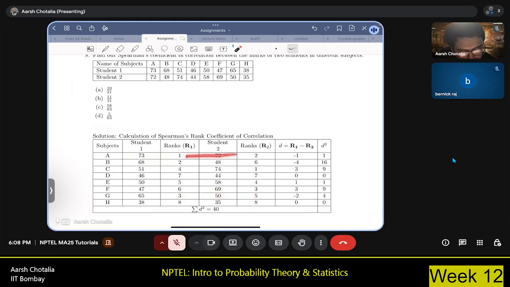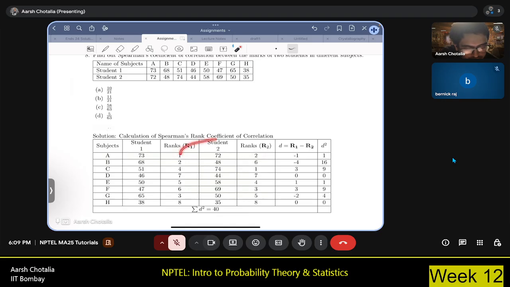Okay, so if these two numbers were always the same, were always equal, then we say that there is perfect rank correlation between them, which means that we can say that A is always harder than B is harder than F, etc. But in general, you would have a difference in the ranks. So that difference will contribute to reduction in the correlation.